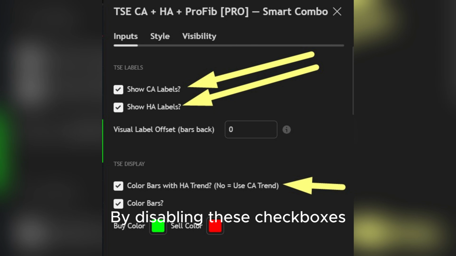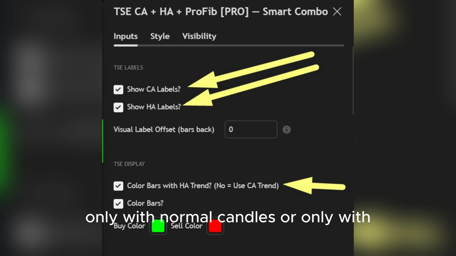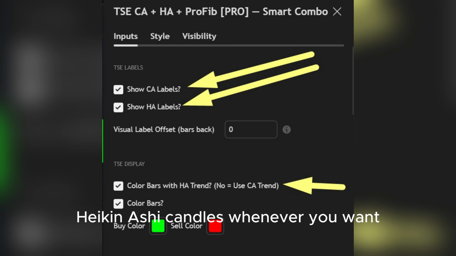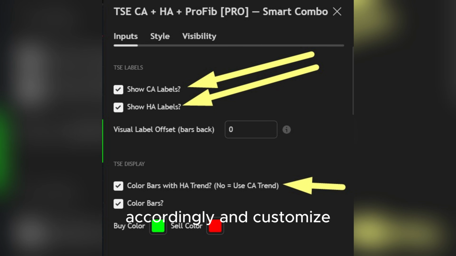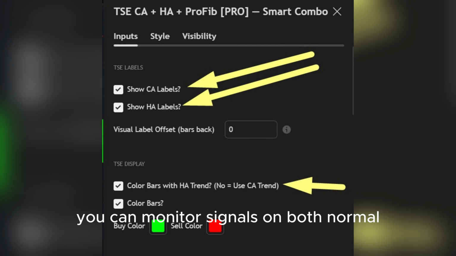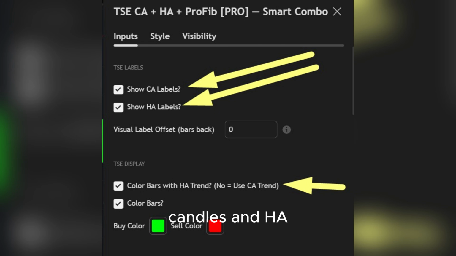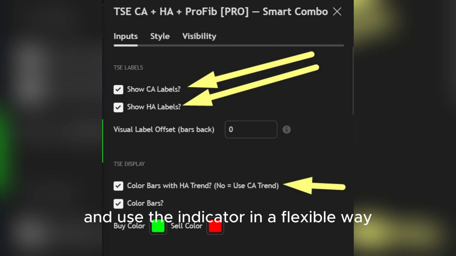By disabling these checkboxes, you can choose to work only with normal candles or only with Heikin Ashi candles whenever you want. You can also change the color settings accordingly and customize the colors of the buy and sell signals based on your own preference. In other words, you can monitor signals on both normal candles and HA, meaning Heikin Ashi candles, and use the indicator in a flexible way.